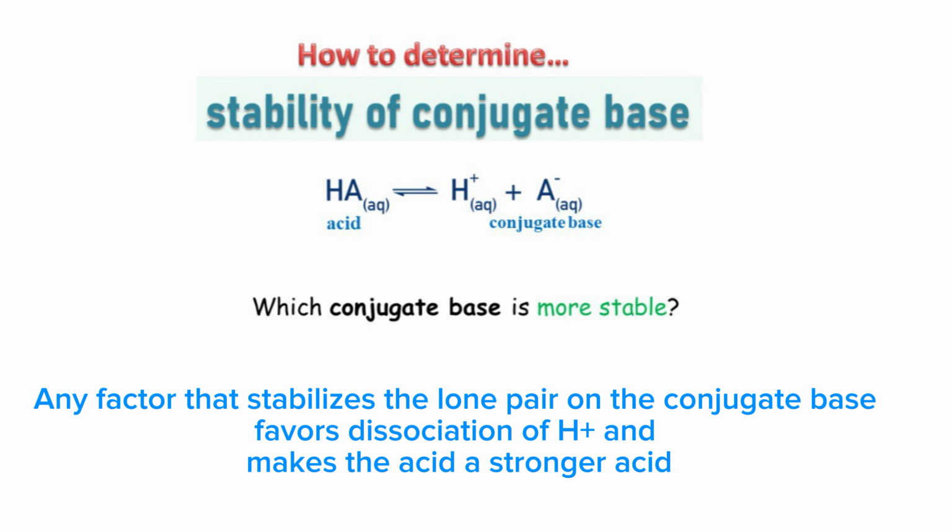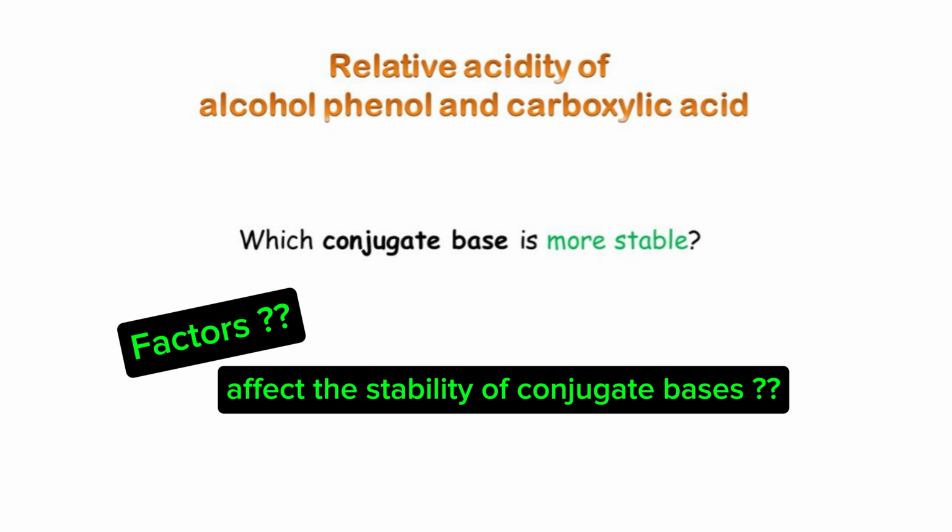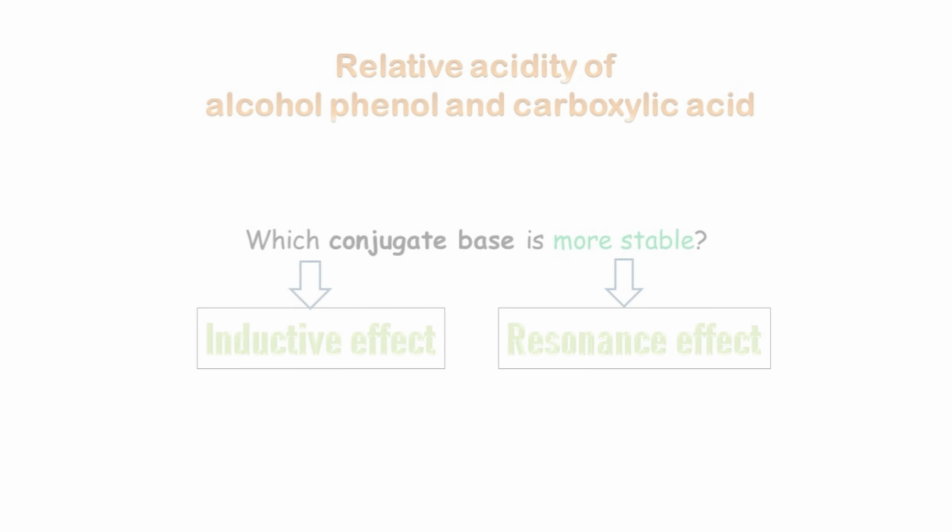Any factor that stabilizes the lone pair on the conjugate base favors the dissociation of hydrogen ion and makes the acid a stronger acid. In the STPM syllabus, we may sum up two factors that affect the stability of conjugate bases. They are inductive effect and resonance effect.